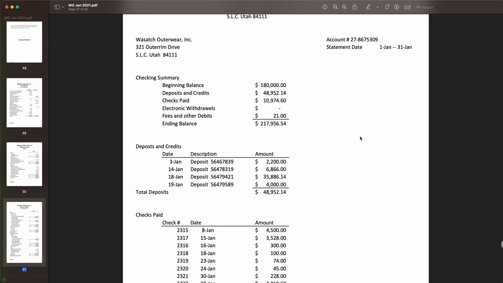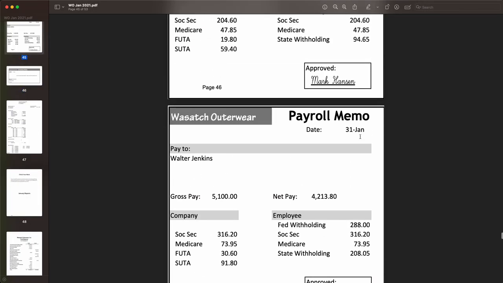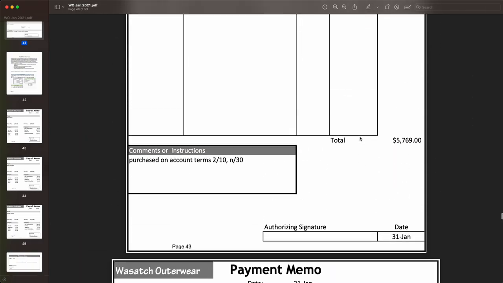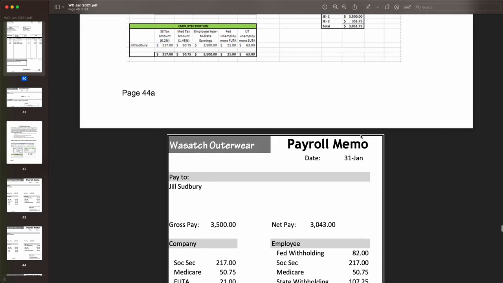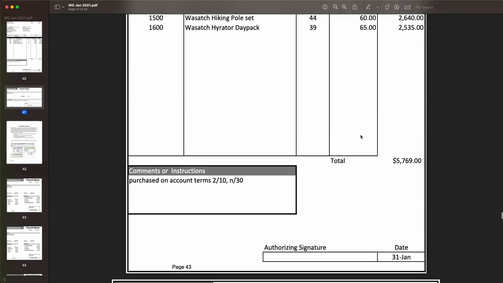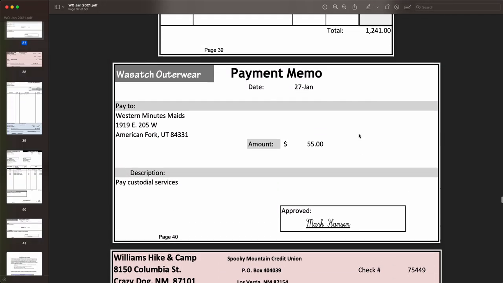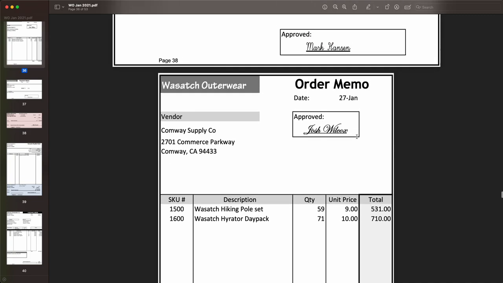So let's see what we have here. Payroll memo, payment memo, purchase order. And I really wish that they had a balance sheet amount.